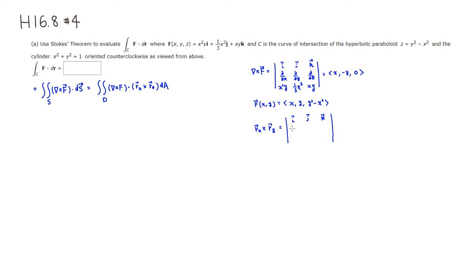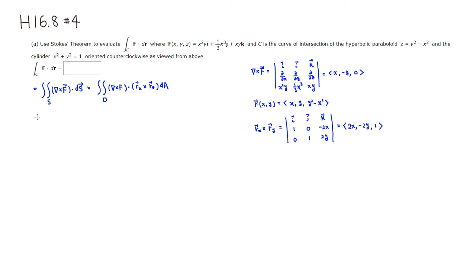Partial with respect to x is 1, 0, negative 2x, and with respect to y is 0, 1, 2y. The cross product has first component positive 2x, second component negative 2y, and third component 1.